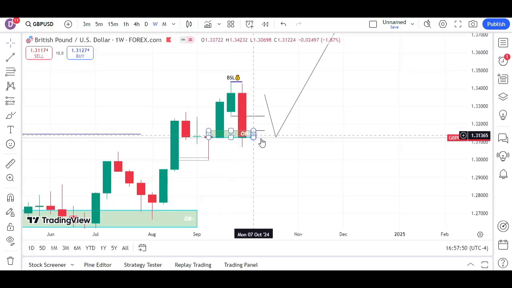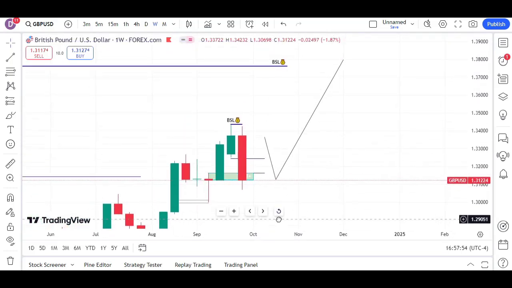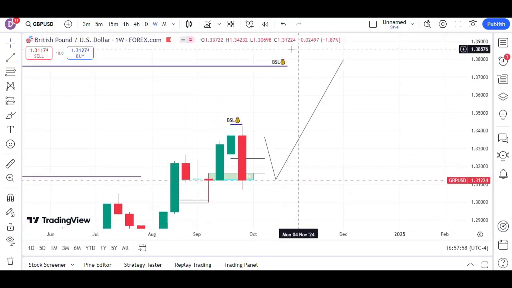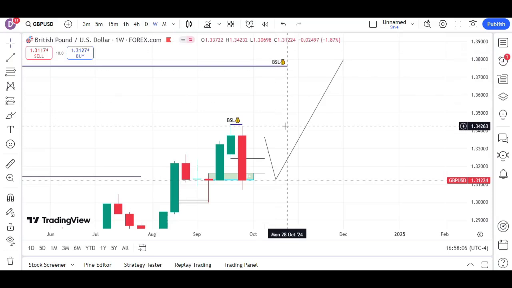If we respect it, then I believe we're going to start seeing higher prices from next week, and then we start heading for this buy side liquidity, the month high for the January 2022 monthly candle.